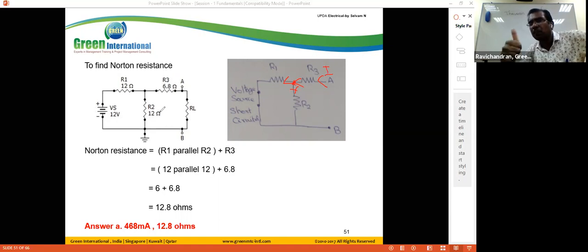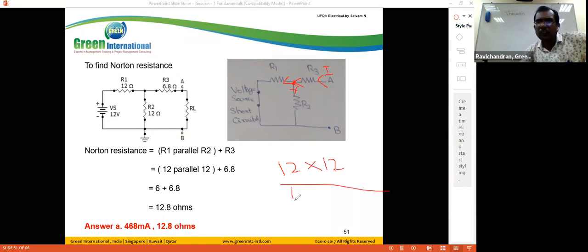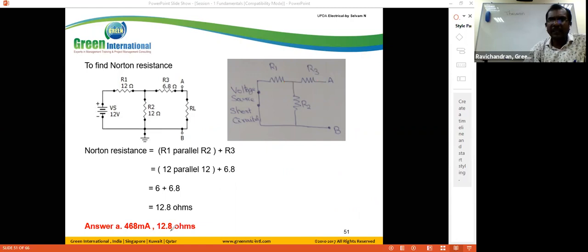We have a thumb rule: if we have the same resistance, the value is half. So 6. Instead of using 12 into 12 divided by 12 plus 12, that is R1 into R2 divided by R1 plus R2, just using that, we have 6 ohm. So 6 ohm is in series with 6.8, giving 12.8.